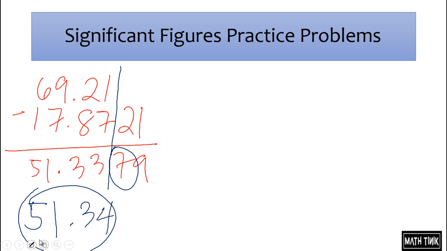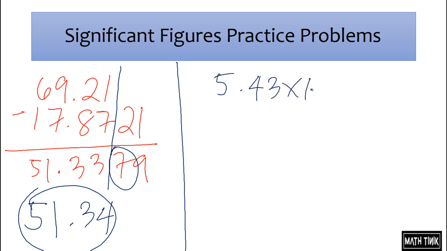Now, how about scientific notation? Let's say, for example, we have 5.43 times 10 to the 15.